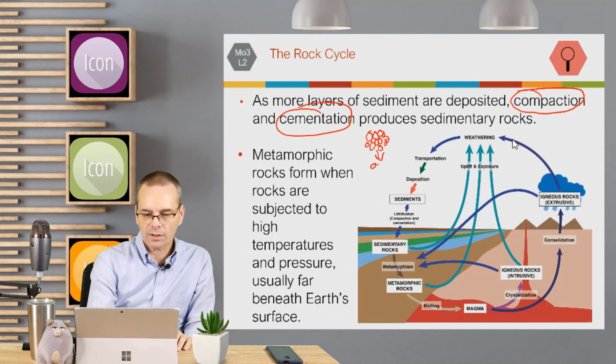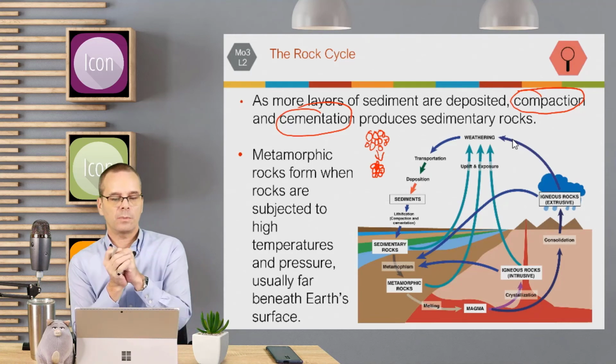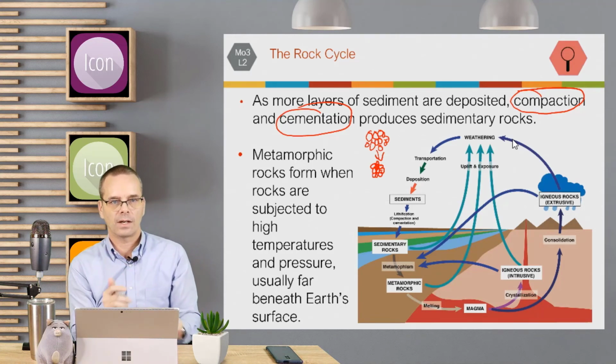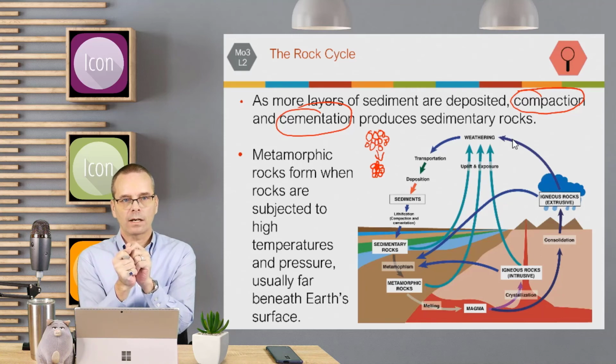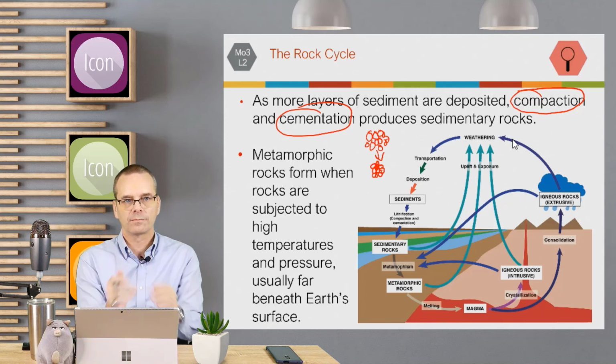Now these grains start really getting pushed together, so they become fused into one little rock because there's so much pressure. And maybe there's a little bit of other material in the middle of the grains to kind of hold it together.